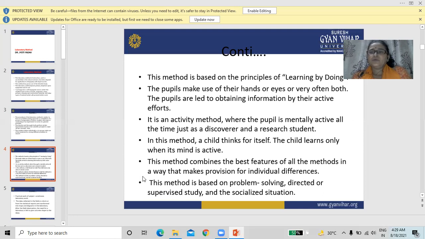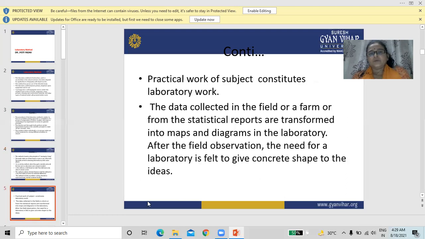This method is based on the learning by doing method, because in the laboratory the students are doing practical work, and they learn. The practical work of the subject constitutes laboratory work.